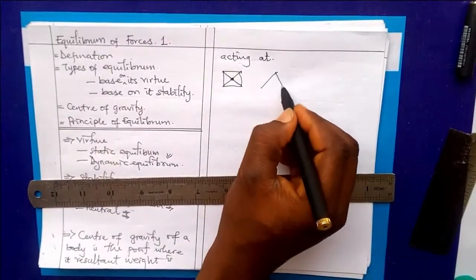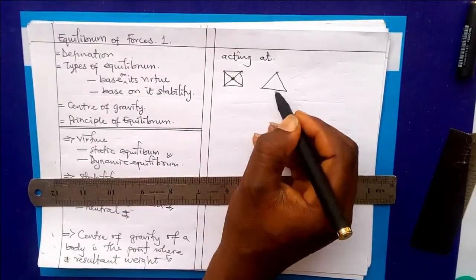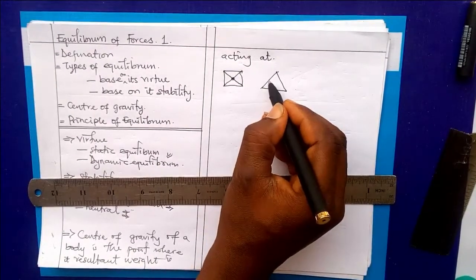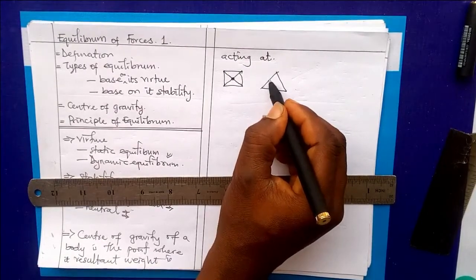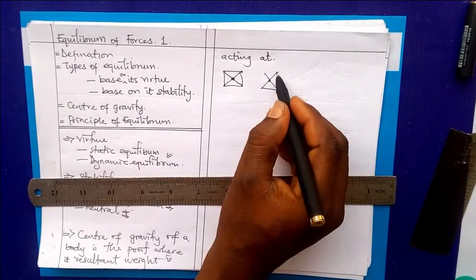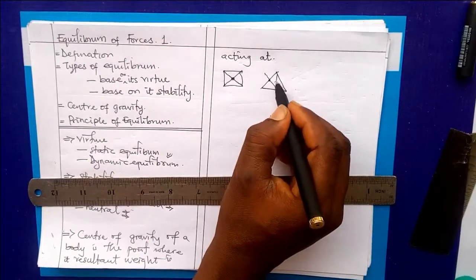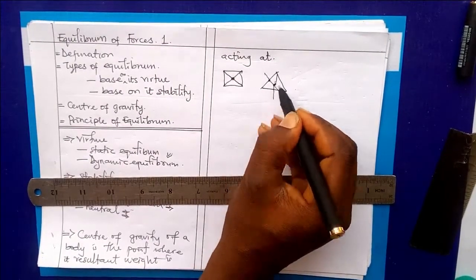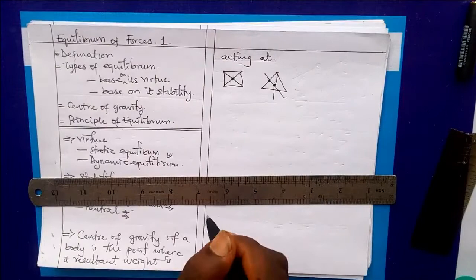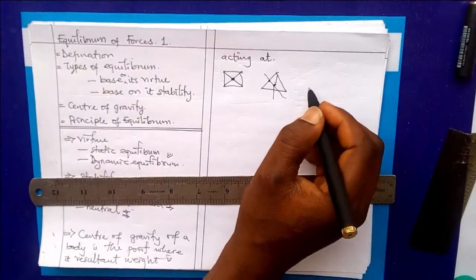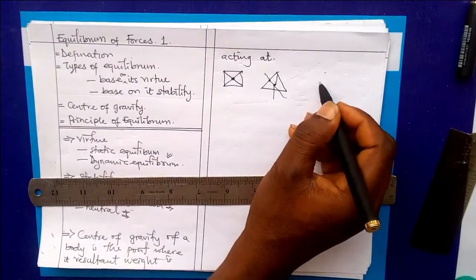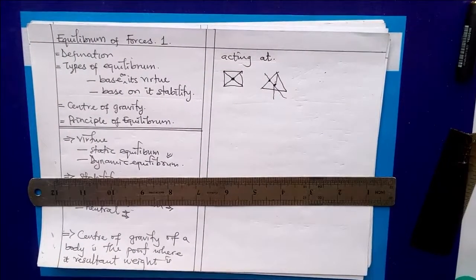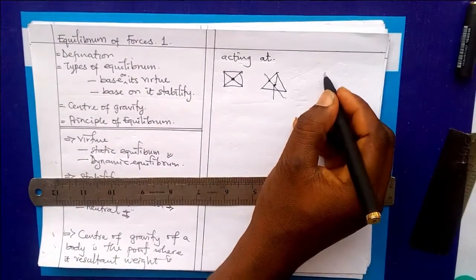If it is a triangle, all you need to do is bisect this side, and you have a perpendicular line. You also bisect this side, and you have a perpendicular line. So the point where they meet is the center of gravity. Another technique is used if you have another shape that is not a regular shape; it is very easy for you to get.